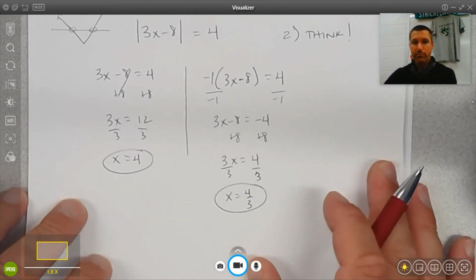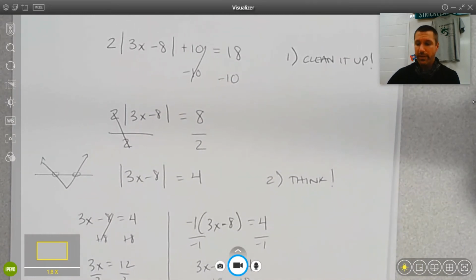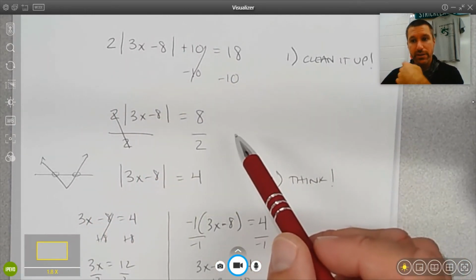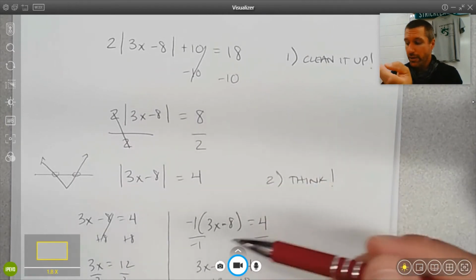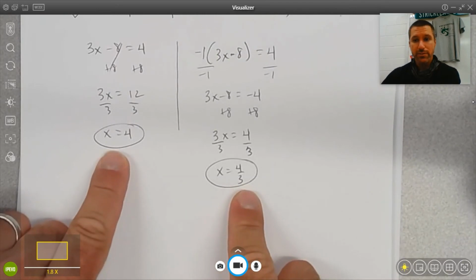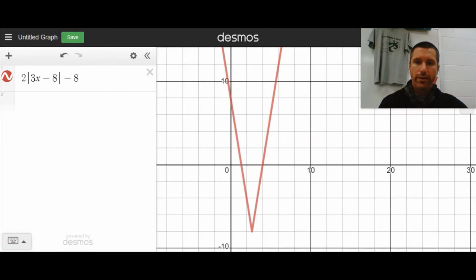If we were to take the original equation and plug it into Desmos and set it equal to 0 or equal to y, we should intersect the x-axis at exactly these 2 locations. Let's take a look. As you can see, I've taken the equation and set it equal to 0 by moving the 18 to the other side.